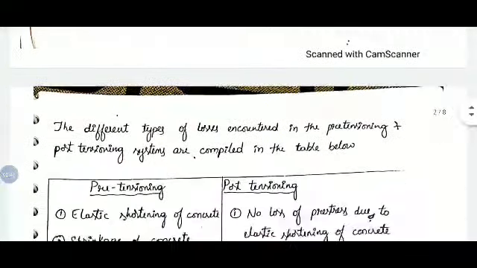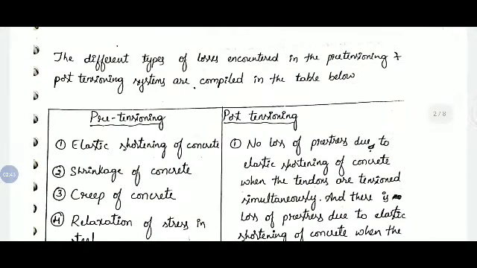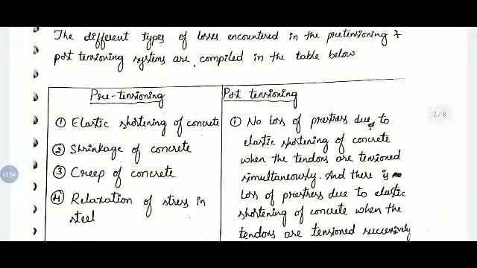Also we need to remember which losses will occur in which condition. That is very important, what you are seeing in the table right now. So we have two different types of pre-stressing, pre-tensioning and post-tensioning. Pre-tensioning is nothing but applying the pre-stressing force to the tendon before casting the concrete, and then we are going to cast the concrete.